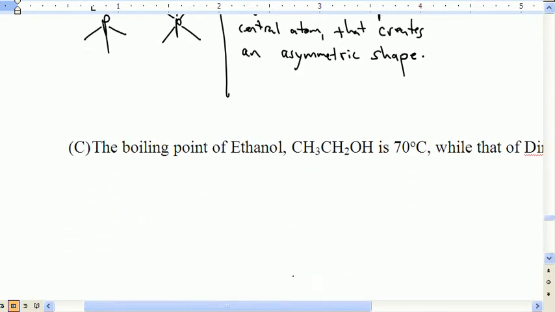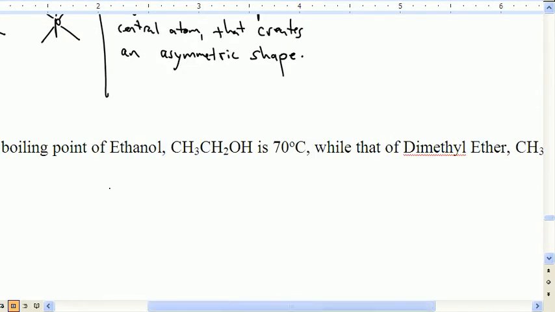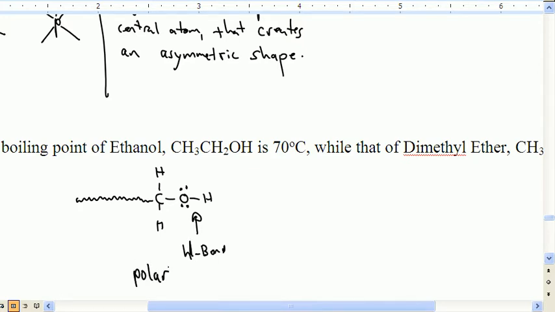The boiling point of ethanol is 70 degrees, while that of dimethyl ether is 59 degrees. So if you do the whole structure for ethanol, okay, you're going to end up with a CH3CH2OH. Okay, that is an H bond. So this is polar because as long as there's one polar central atom, the whole thing is polar with an H bond.